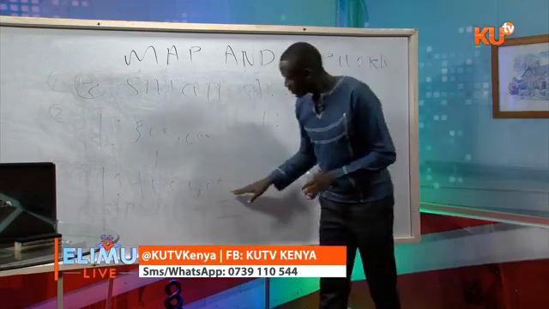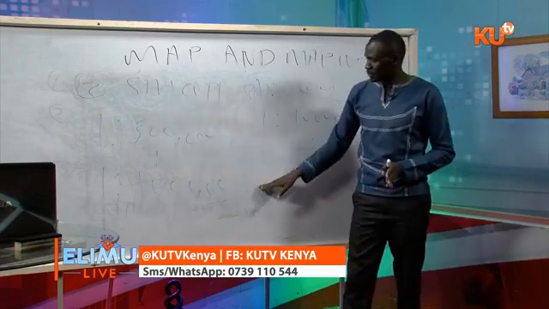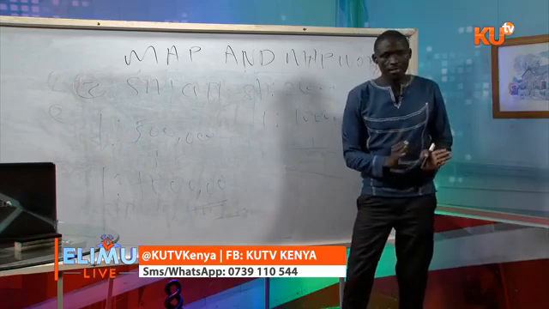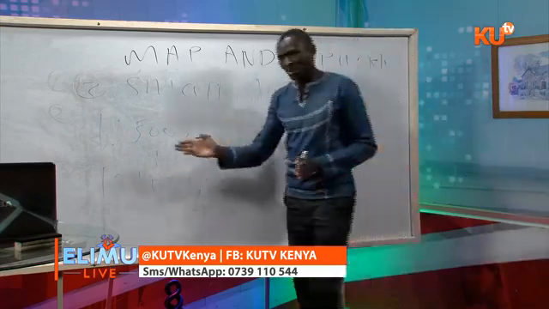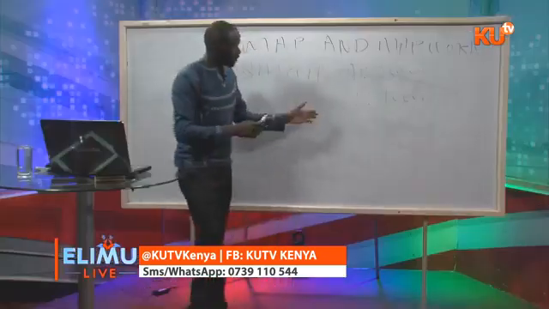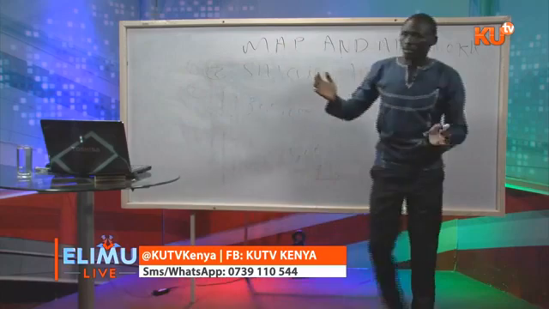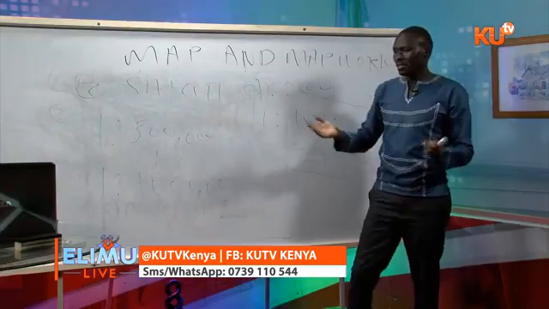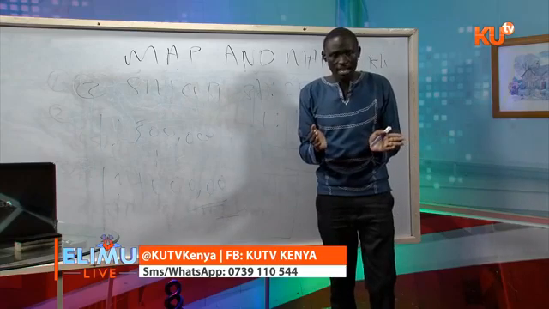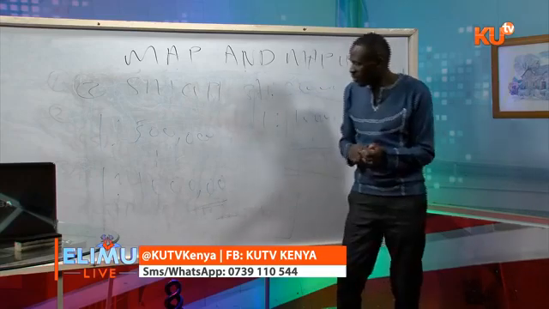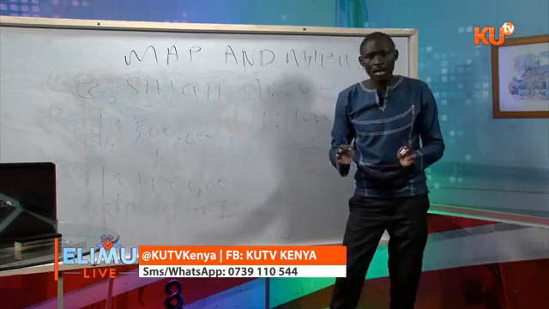Then coming to the small scale, the small scale ratio, we use between 1 to 500,000 and 1 to 1 million. This shows you that these are larger areas. These are big areas like the map of the world, or I always say the map of Africa, that are drawn on a small piece of paper, and therefore they have to use the small scale for it to be presented on a piece of paper.